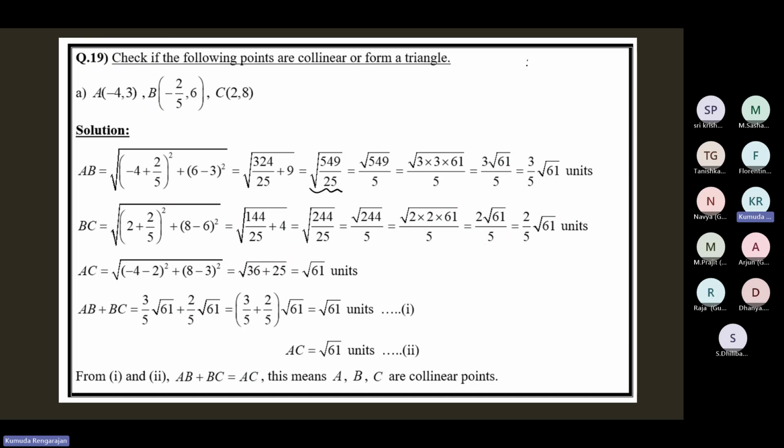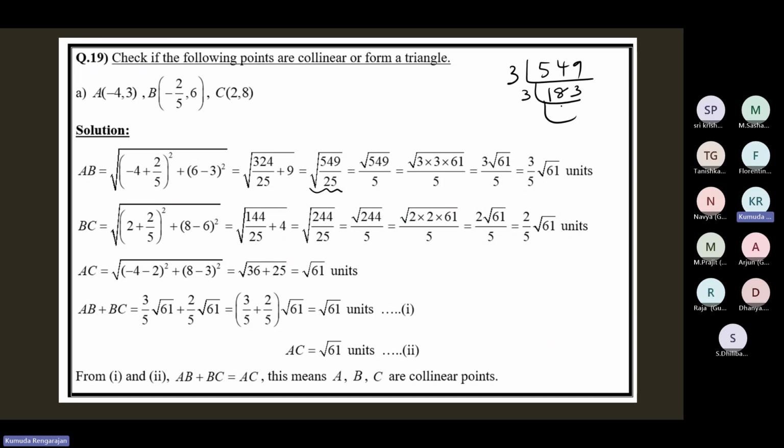Then you'll have to find the prime factors of 549. Here you should use a test of divisibility. It's not divisible by 2. Then 9 plus 4, 13. 13 plus 5, 18. 18 is divisible by 3. So 549 will be divisible by 3. 3 ones are 3, 3 8s are 24, and 3 3s are 9.